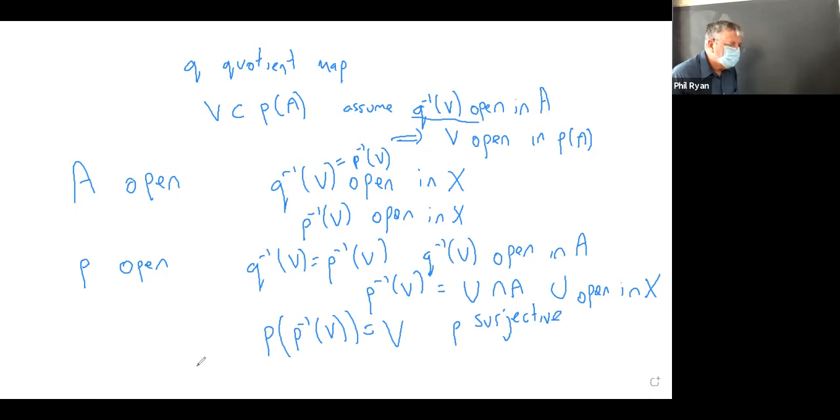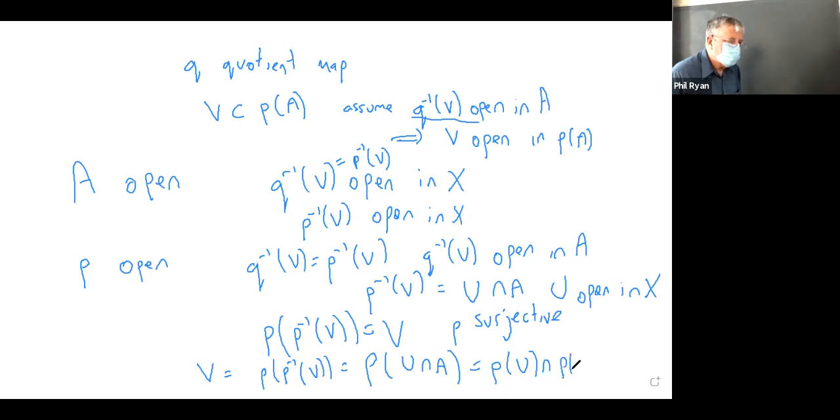So we write down a whole bunch of equalities here. V equals this guy here, P of P inverse of V equals P of U intersected A, which equals P of U intersected P of A by the lemma. But this is open, right, because it's an open map.